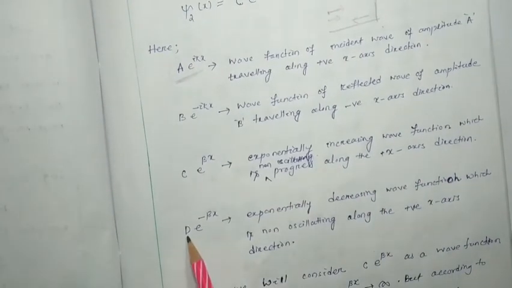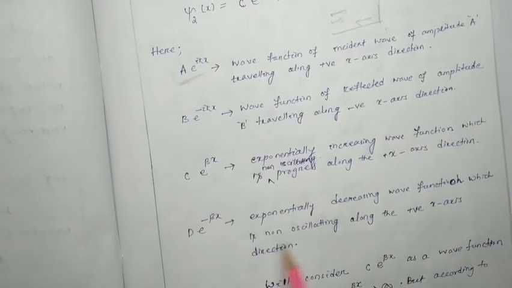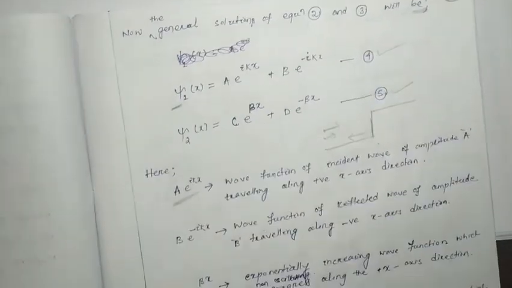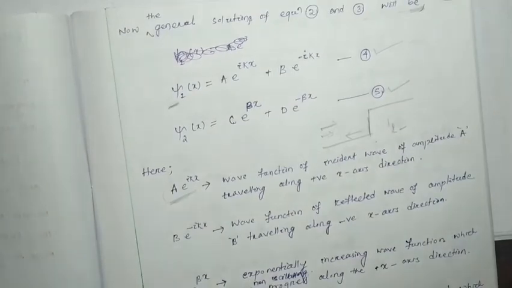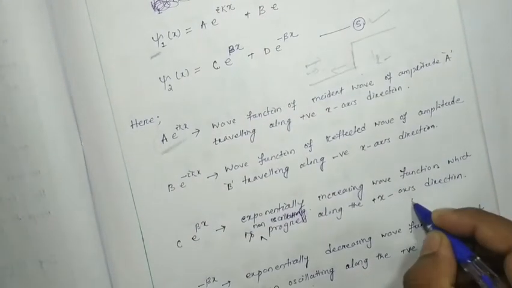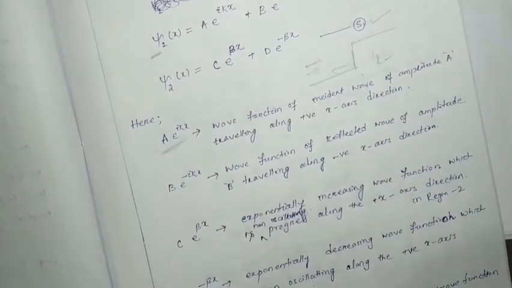And d e to the minus beta x is an exponentially decreasing wave function which is non-oscillating along the positive x-axis direction. So c e to the beta x is in region 2.